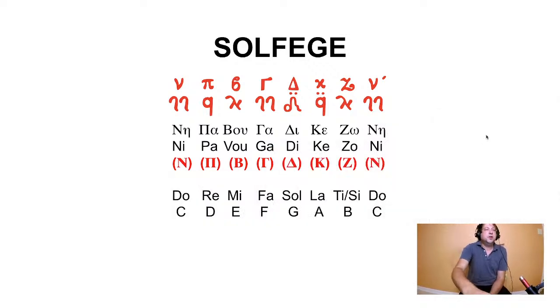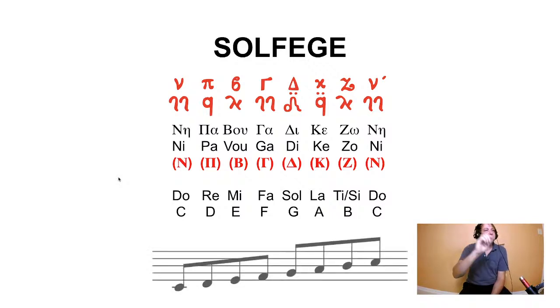I've been showing my guys at the analogion to do this with do, re, mi, but from now on we're going to switch to ni, pa, vu so that we know what's what. And as you can see here, I've just written it in staff notation so you see what it looks like. So ni, pa, vu, ga, di, ke, zo, ni, as it relates to Western music.